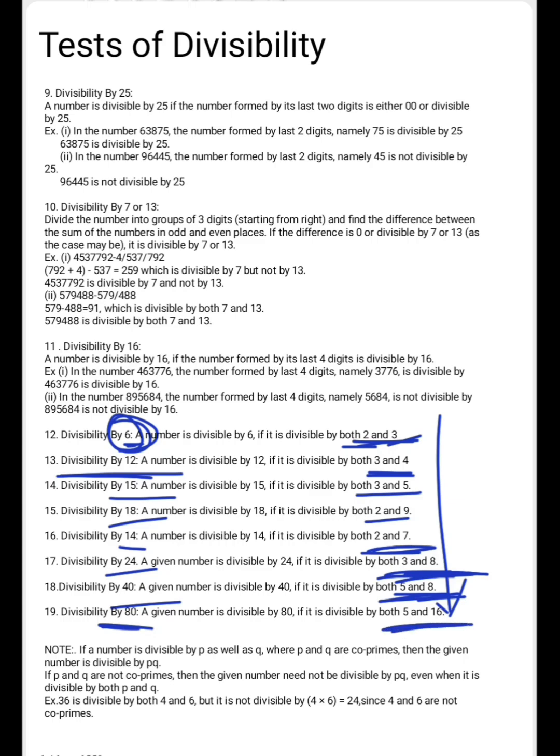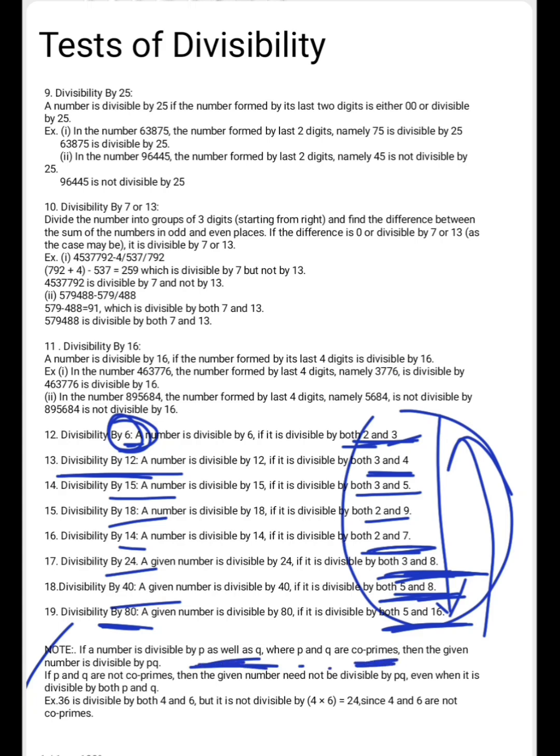It is a short note that should be known: if a number is divisible by both p and q, where p and q are co-primes, then the number is divisible by pq.